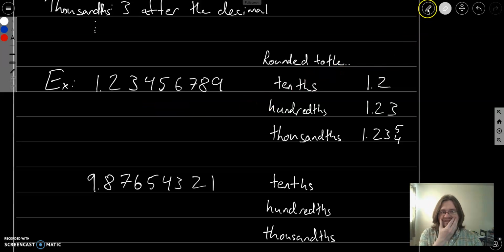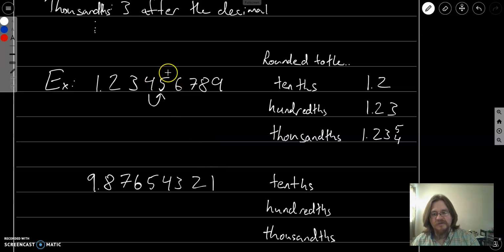And for this, what we do is we look one place more, and we decide, is this less than 5 or bigger than 5? And this is the one situation where it's equal to 5. So what do we do when it's equal to 5? We always round up. So instead of a 4, we're going to write a 5 there.